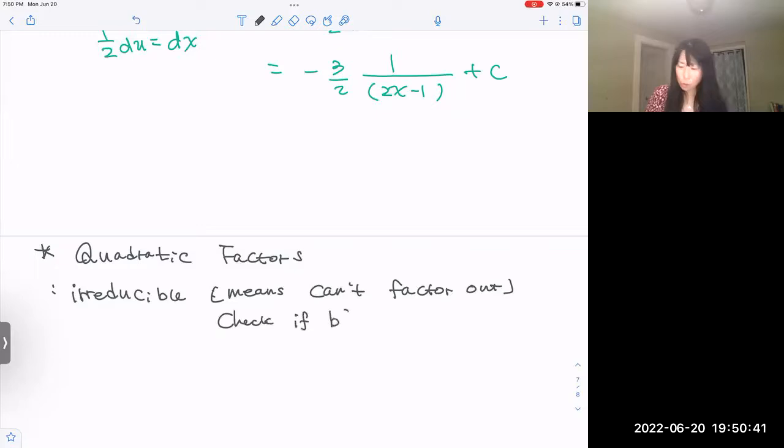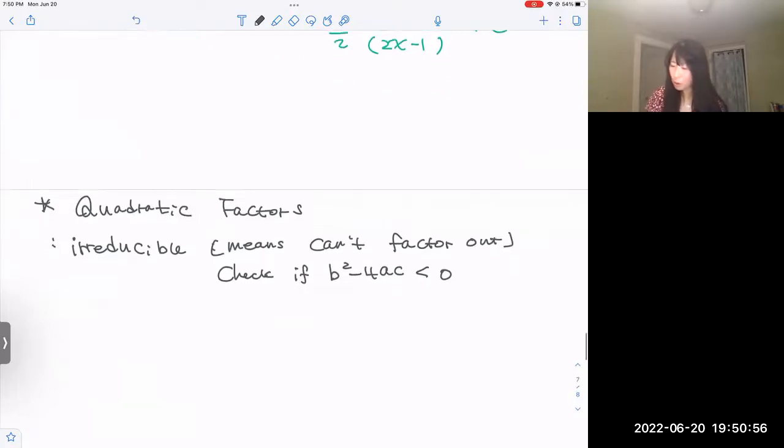if the b squared minus 4ac is less than 0, like inside the square root from the quadratic formula, we have that kind of form, right? So what's the ABC? Quadratic form looks like this, ax squared plus bx plus c, okay?